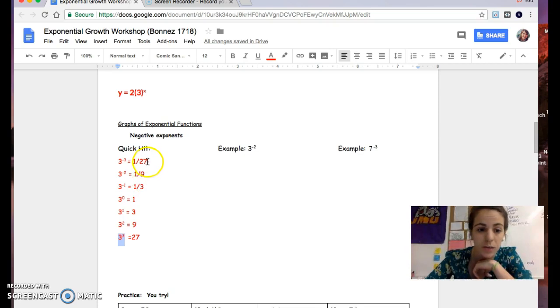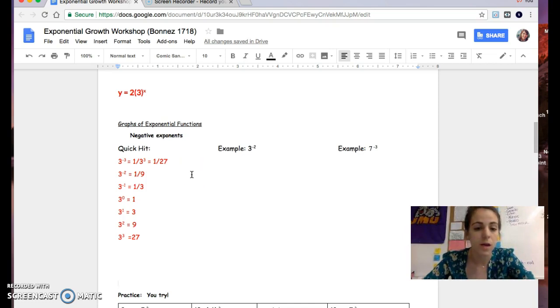So really all you're doing is taking that exponent, putting it underneath the 1, and making it positive. So you could write it like that: 3 to the power of -3 is also equal to 1/3 to the power of +3, which is 1/27.